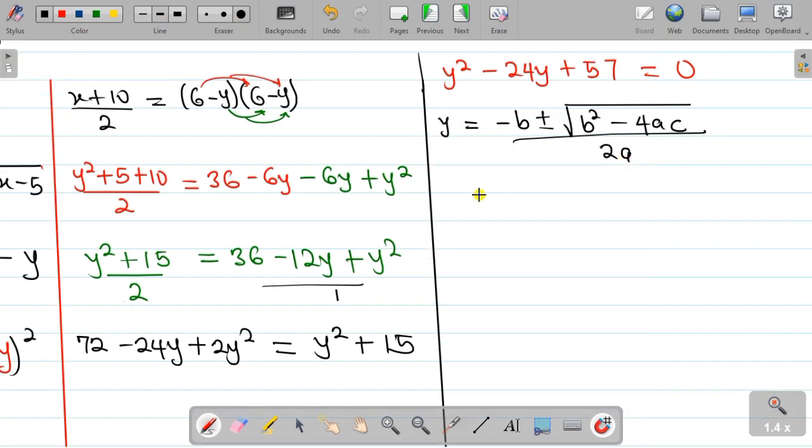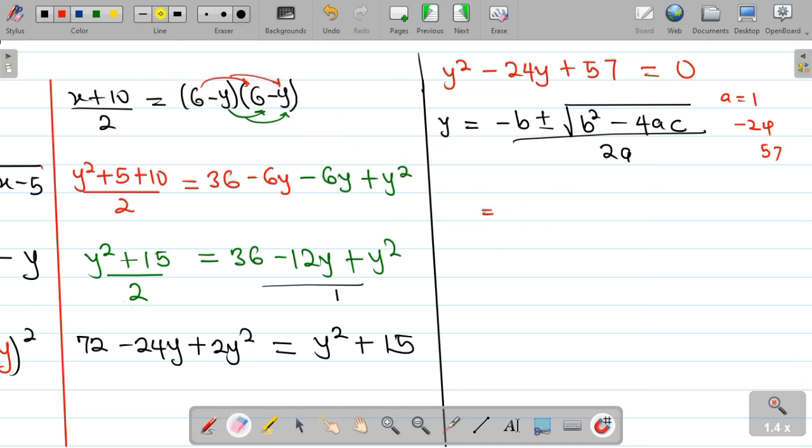Now our a is 1 here, you can see the coefficient of y squared, which is 1. Our b is the coefficient of y, which is minus 24, and our c is 57, that's the constant. So if we substitute now, we have negative of 24, which is going to turn to positive.